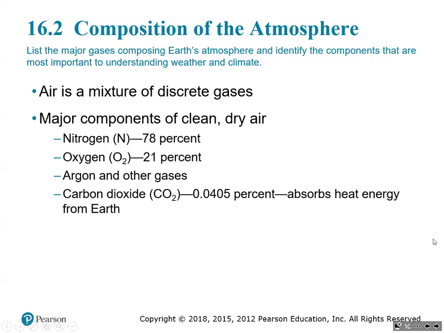So if we want to talk about percentages, we want to get rid of the stuff that varies a lot, and that's water vapor. So just in general, air anywhere that is clean and dry, not having weird pollution dumped into it, and not full of water. This is the stuff that doesn't really vary in air.